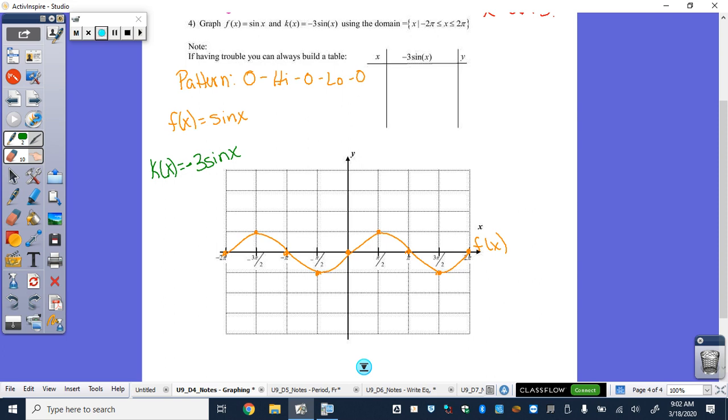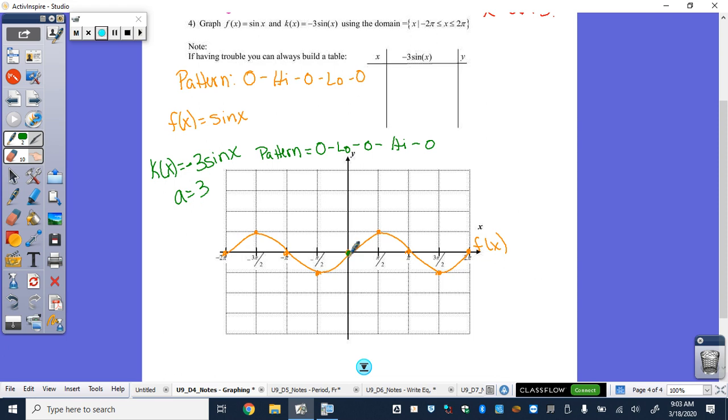So because this one is negative, the pattern is going to flip. It's still going to start at 0, but it's going to go low first, 0, high, 0. Because the negative makes everything reflect. The other thing also is we have an amplitude of 3.